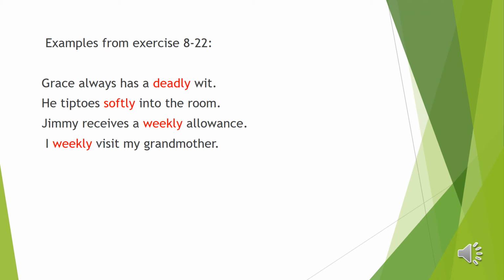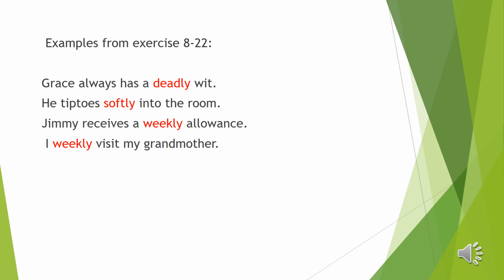Now we take some examples from exercise A22, in which you are required to identify the ly as ly adjectival or ly adverbial in English sentences. Let's start with the first one. Grace always has a deadly wit. In this sentence, deadly is the ly form. Deadly in this sentence is an adjective. First, because it comes before the noun wit. So it is an adjective according to its position.